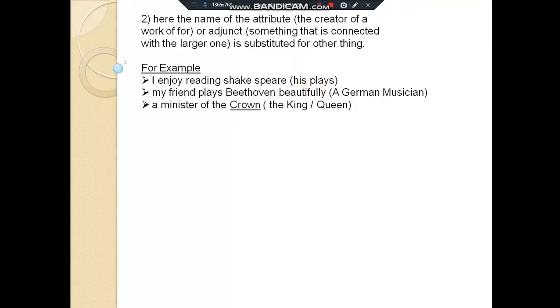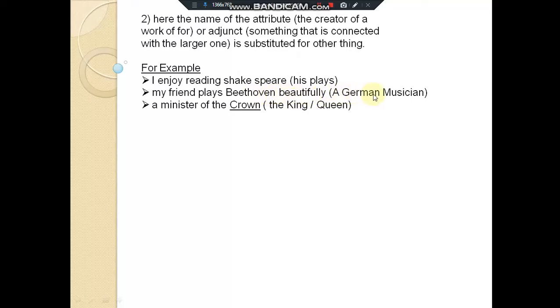So this is an example of metonymy as well, that you use the name of the creator instead of his work. Understood? But it is understood by the listener that you are obviously not interested in the creator, you are talking about his work, whatever that is. The next one is, my friend plays Beethoven beautifully.